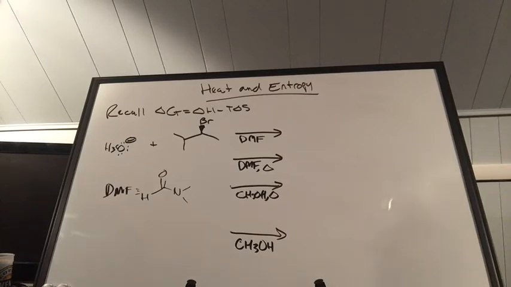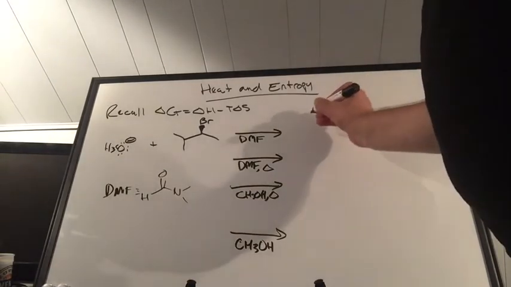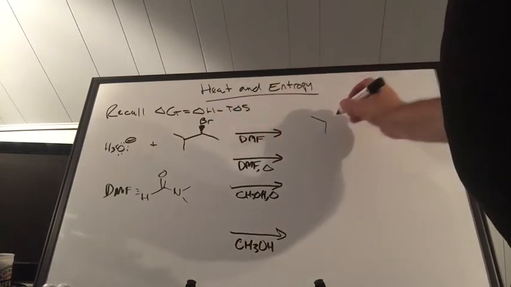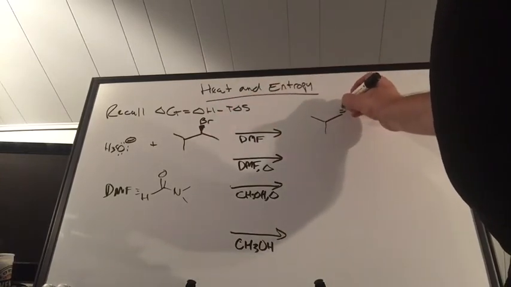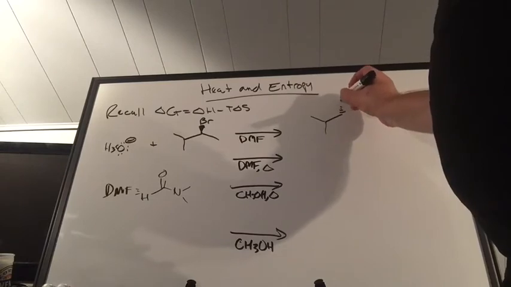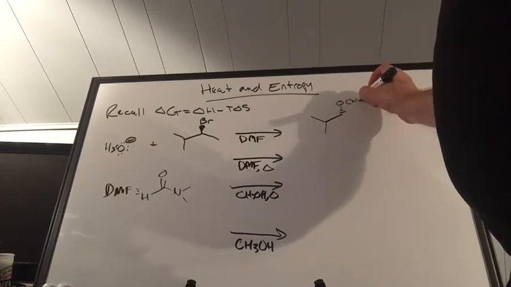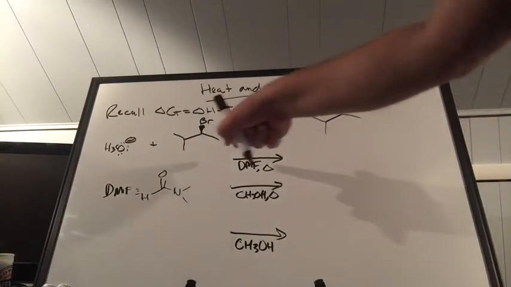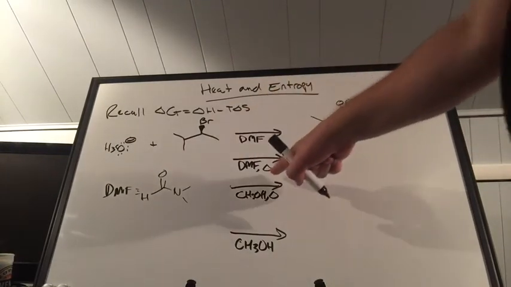Okay, so what kind of product are you going to get from that? You are going to get, and remember, this is a secondary carbon here, so you're going to have an inverted product.